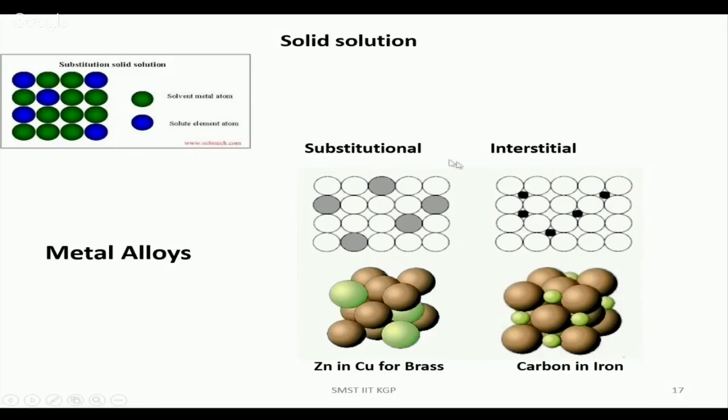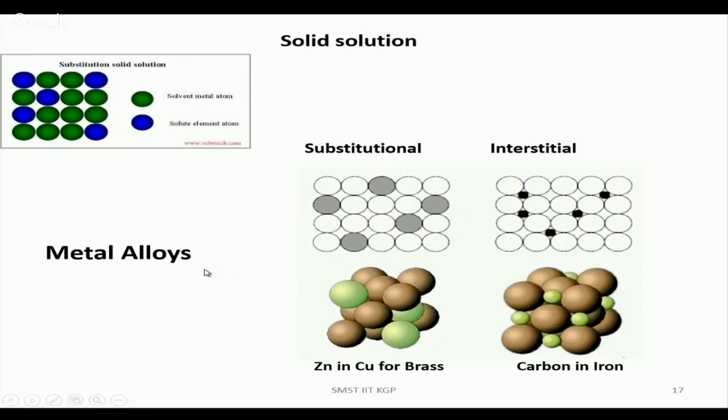So the solute has to be small enough to fit into the specific gap. So this is a substitutional solid solution, and this is an interstitial solid solution. There are examples like zinc in copper for brass, and carbon in iron in case of interstitial solid solutions.